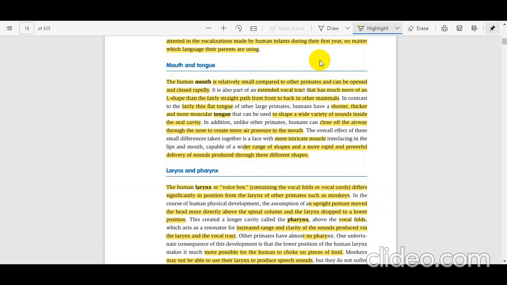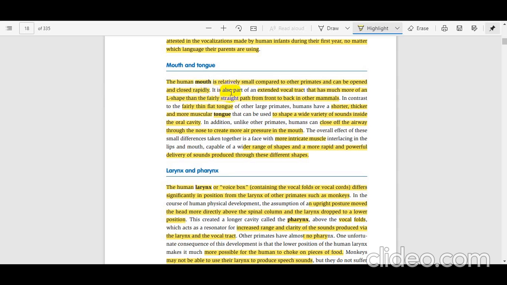The second one is about the mouth and tongue. Now, the human mouth is relatively small compared to other primates and can be opened and closed rapidly. Humans are able to close and open their mouths very rapidly. This feature is not found with other primates.